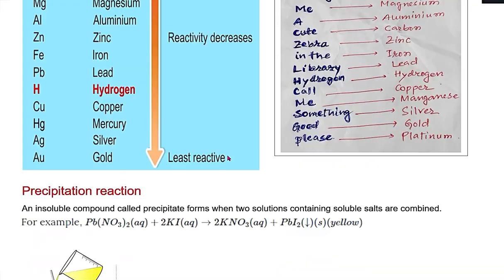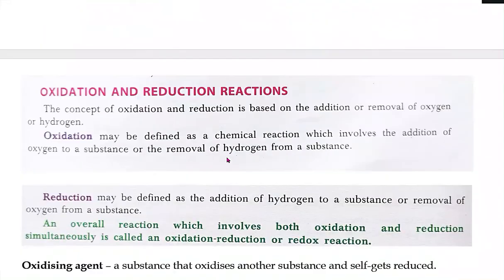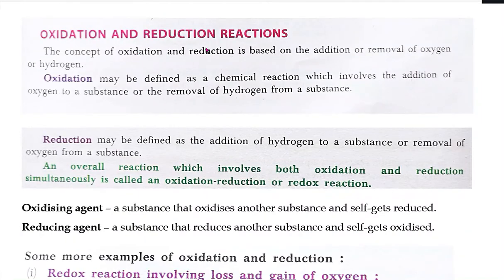Okay, so today we are going to start oxidation and reduction reactions. Students, the concept of oxidation and reduction is based on the addition or removal of hydrogen and oxygen. So we can define oxidation as a chemical reaction which involves the addition of oxygen.